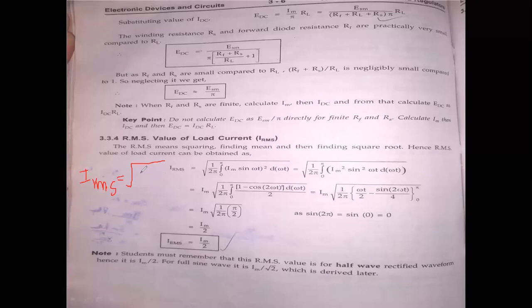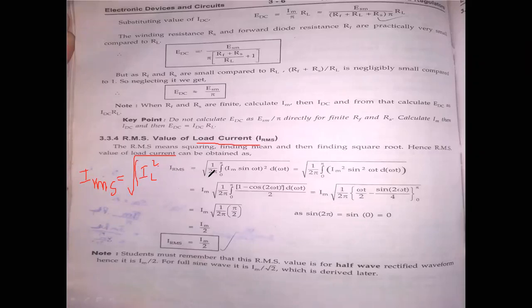I will tell you later. You have to find this for the load current IL. Mean means sum of values by number of values, means integration. So it's called the RMS value, root mean square value.